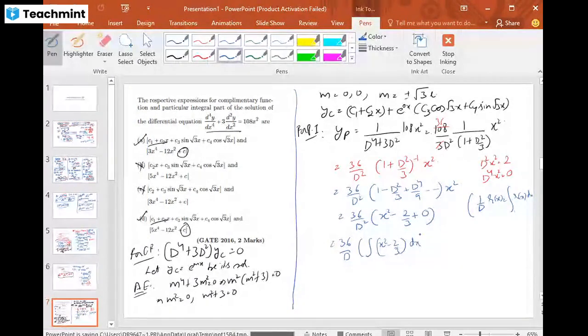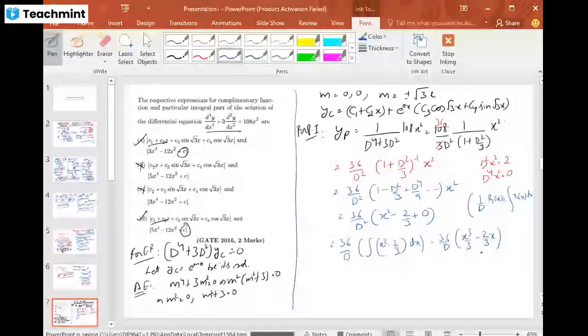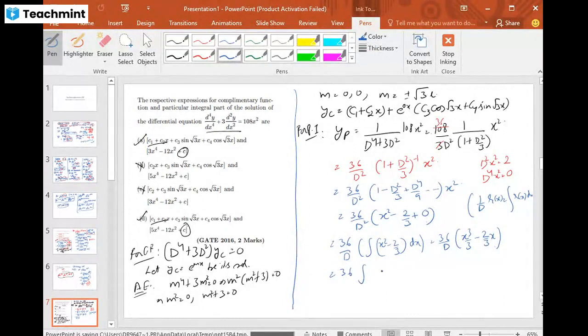So one integral gives us 36 by D times the integral of x square, which is x cubed by 3, minus 2 by 3 x. Again use the property, so it is again the integral of x cubed by 3 minus 2 by 3 x dx. The integral of x cube is x power 4 by 12, and this 3 into 2 is going to cancel out.